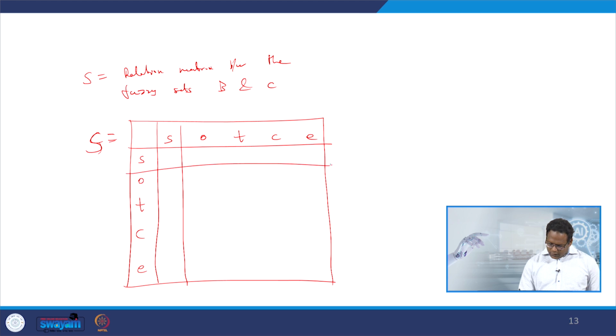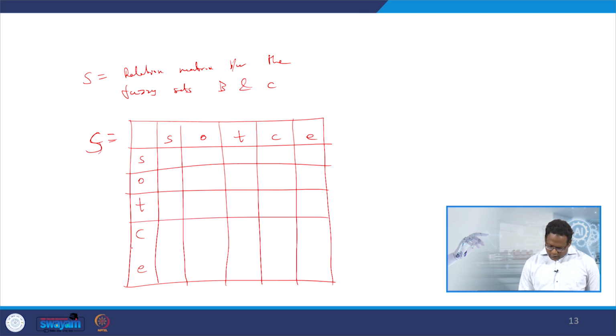Now let us find the relationship between these two fuzzy sets and name it relation matrix S. When we compare and put the minimum, we get 0.6, 0.9, 0.4, 0 and 0.2 as the first row, and 0.5, 0.5, 0.4, 0 and 0.2 for the second row.